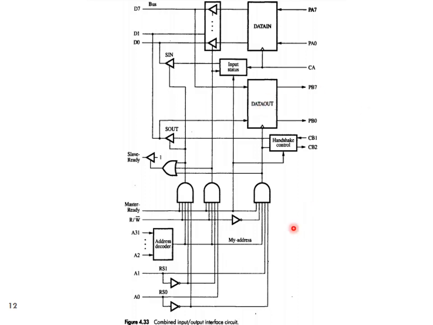So this is the circuit diagram for the combined input and output interface circuit. And also finally the slave ready signal, which is set by using an OR gate, which combines the values coming from these three AND gates.